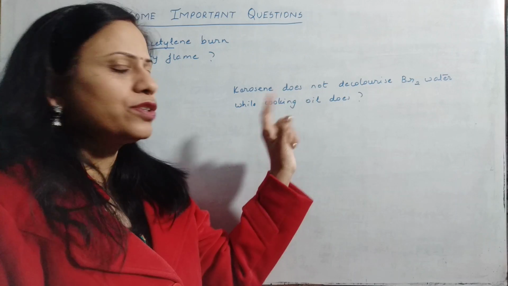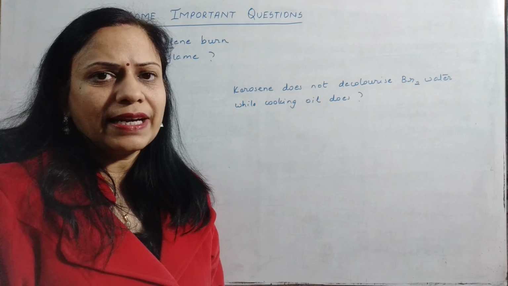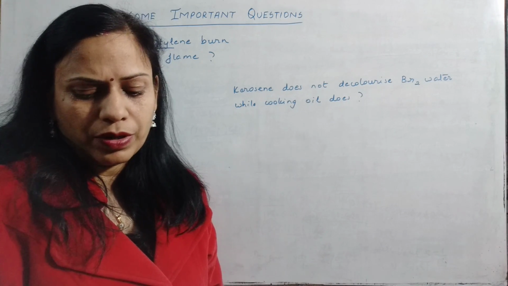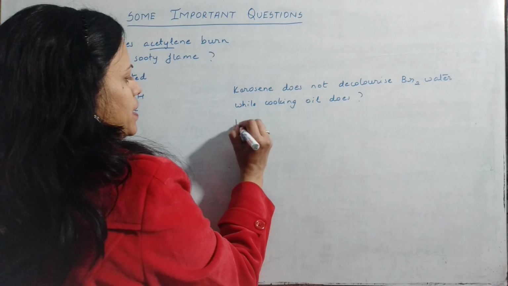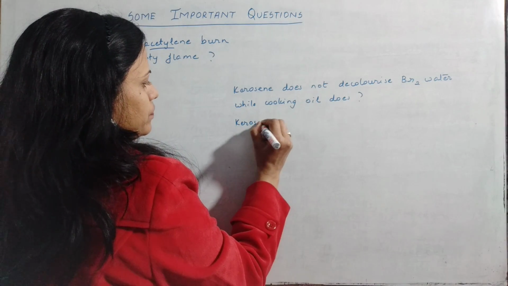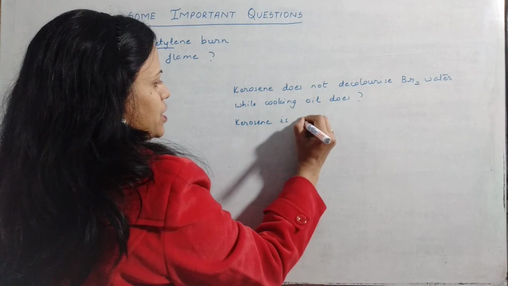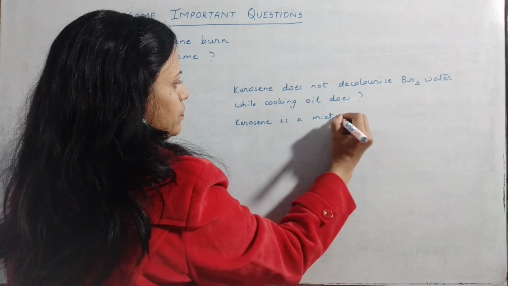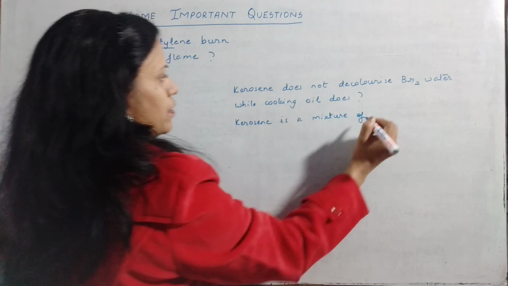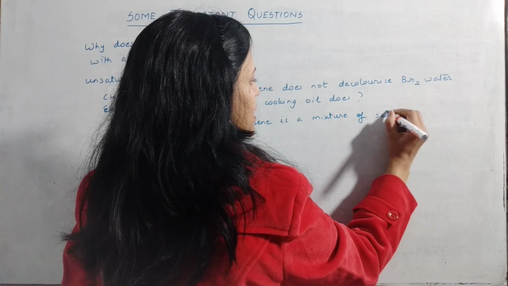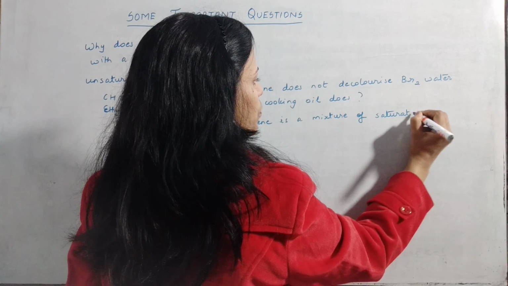So if kerosene is not decolorizing bromine water, it means that it is a saturated compound. So kerosene is actually a mixture of saturated compounds. That is why it does not react with bromine water.